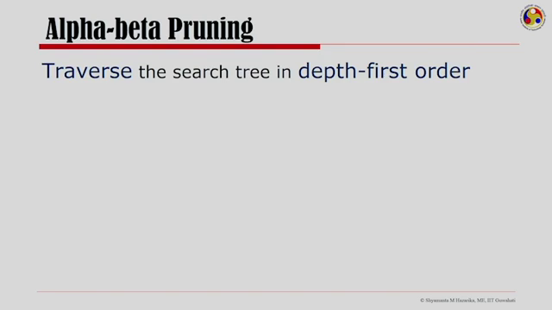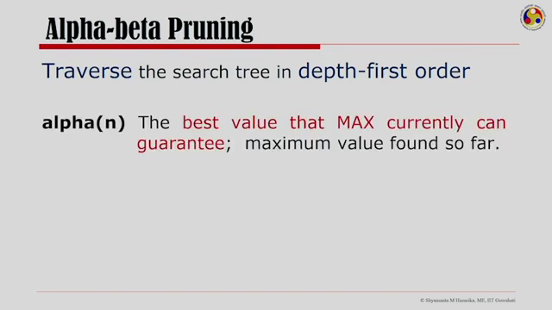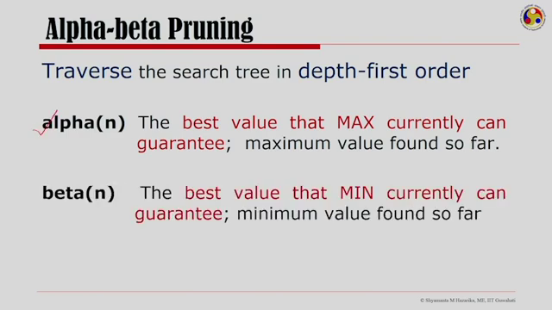That is what we have seen. Now, the alpha of a particular node n is the best value that Max currently can guarantee. So this is the maximum value found so far, whereas beta of n is the best value that Min currently can guarantee. So it is the minimum value found so far.